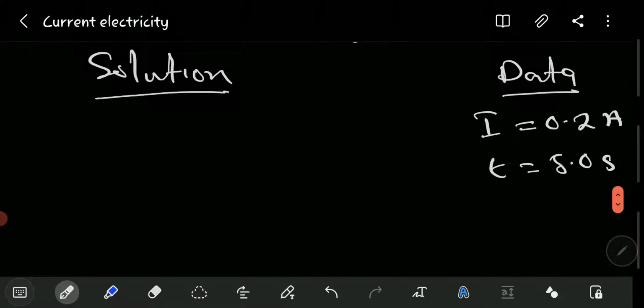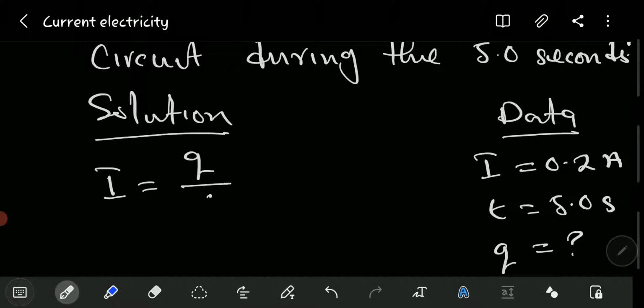And the question requires us to find charge, which we don't know. So again, after extracting the data from the question, you ask yourself, is there an equation that has current, time, and charge? Again, yes, we have an equation, and the equation is current is equal to charge over time.